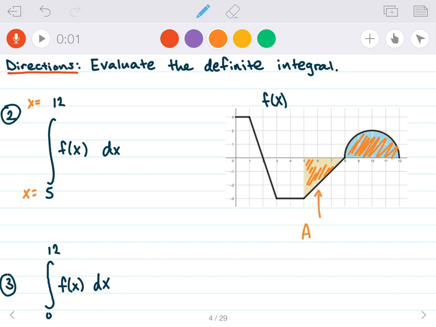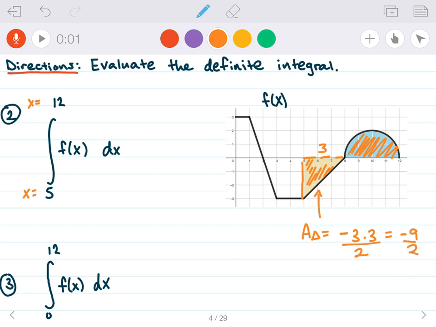So the area of this little triangle under here, let's give it a negative sign. The base is going to be, let's see, 1, 2, 3. So that's going to have a base of 3 times a height. That height is going to be 3 units long as well, divided by 2. And so the area of that portion is negative 9 over 2.